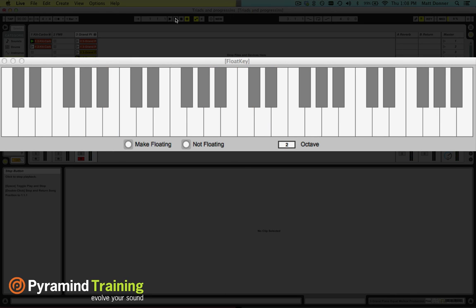Now, I could also be doing that with the 1 and the 3 chord. And immediately, if I throw a little melody on top, I've got a song, right?